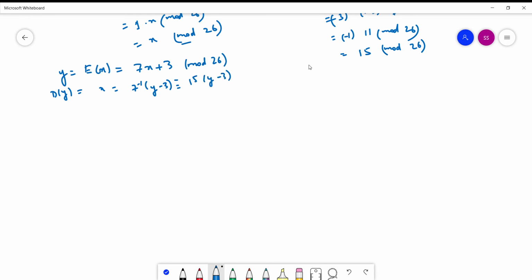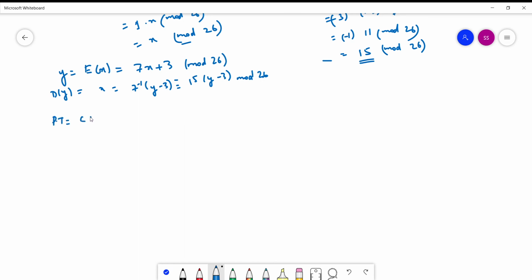We already found that 7 inverse is 15 mod 26.